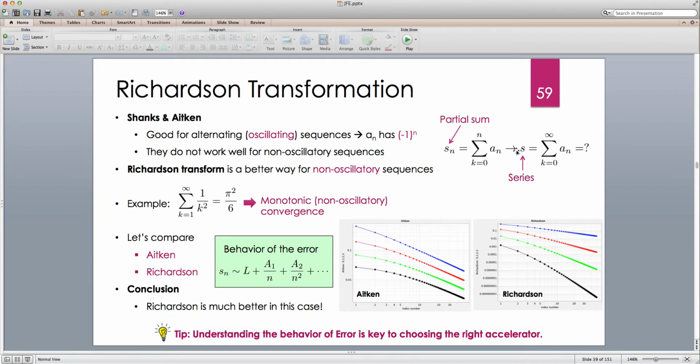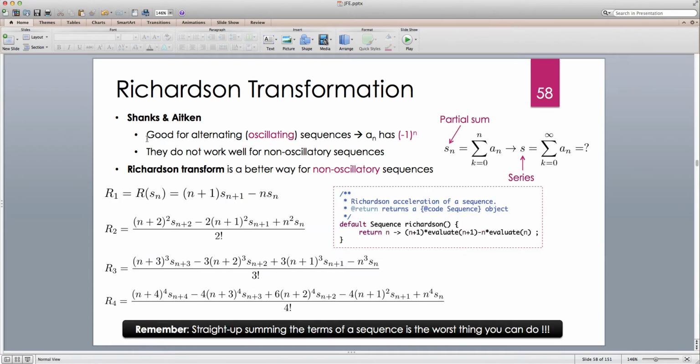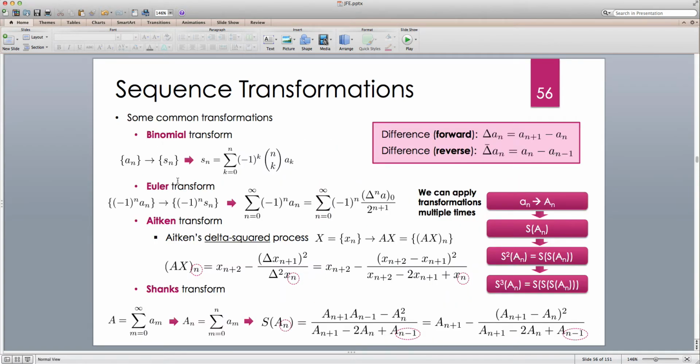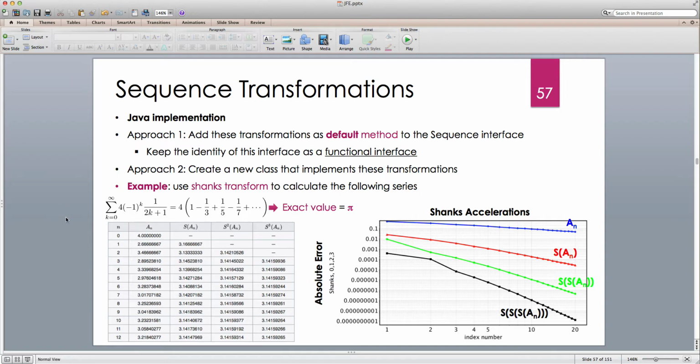And in the last video, we discussed how different transformations such as Aitken, Shanks, and then Richardson help accelerating different types of sequences.